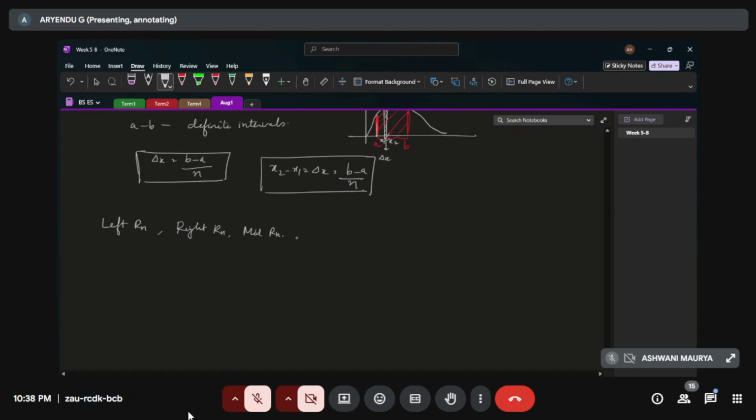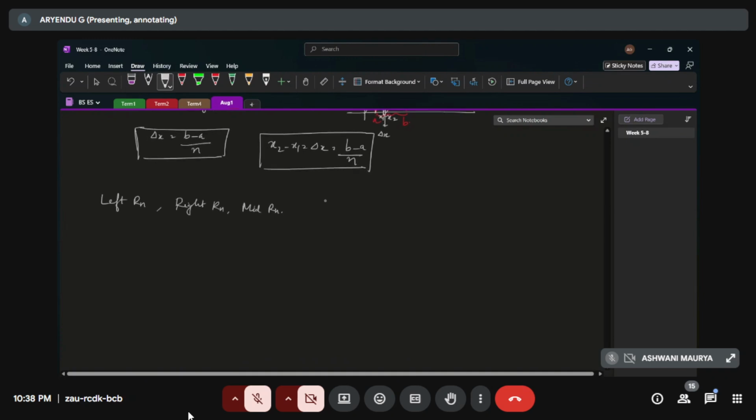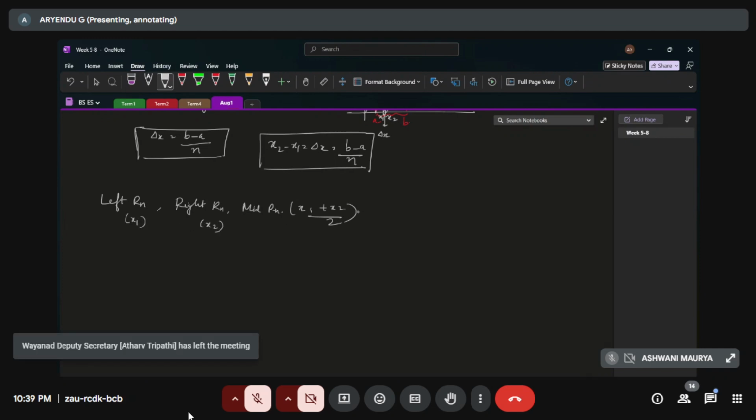For the mid Riemann sum, we take the average of, for example, x1 and x2, that is x1 plus x2 by 2. For this one we'll take x2, for this one we'll take x1. We take this x average times the size of the interval, and we add them all up.